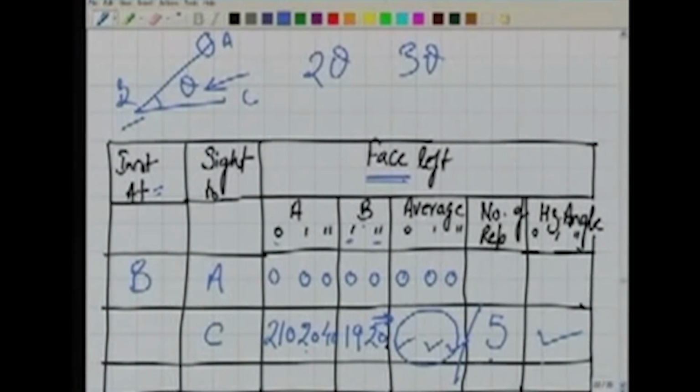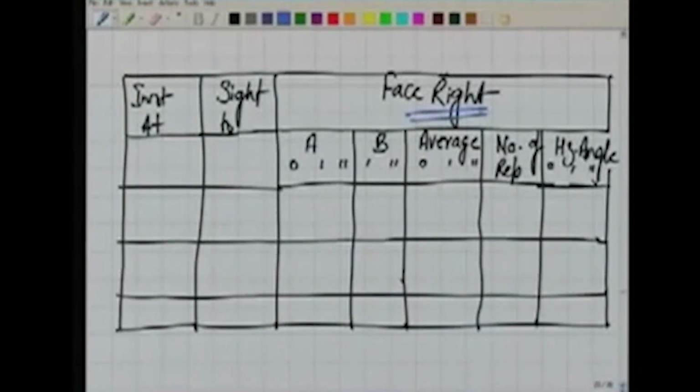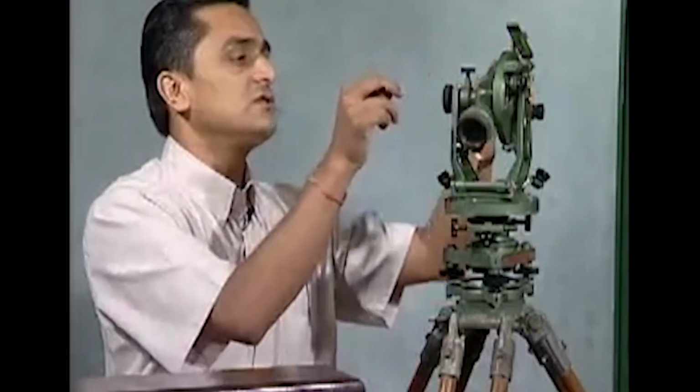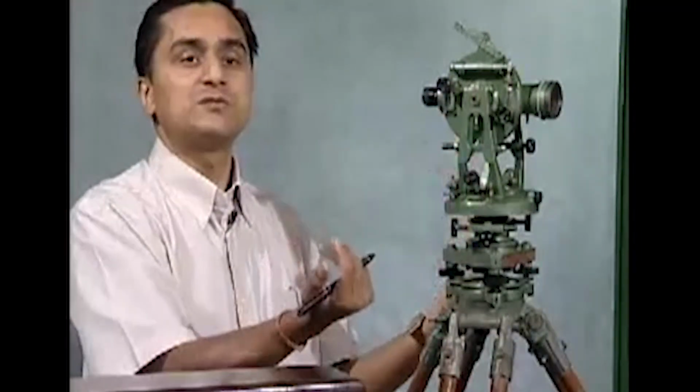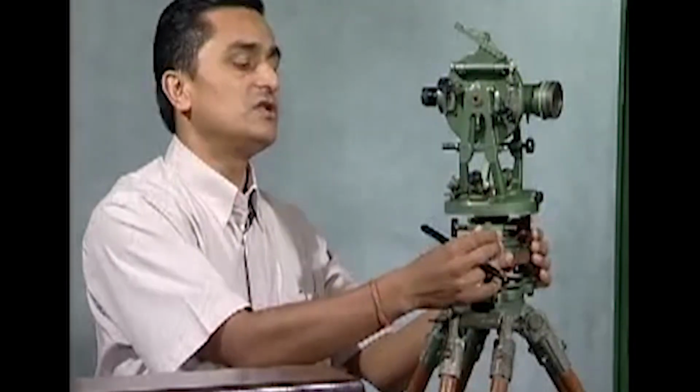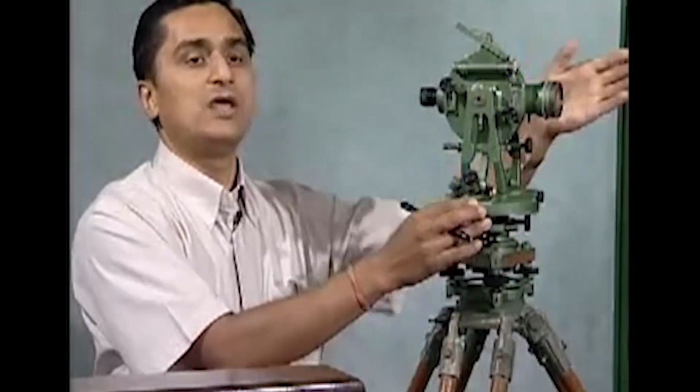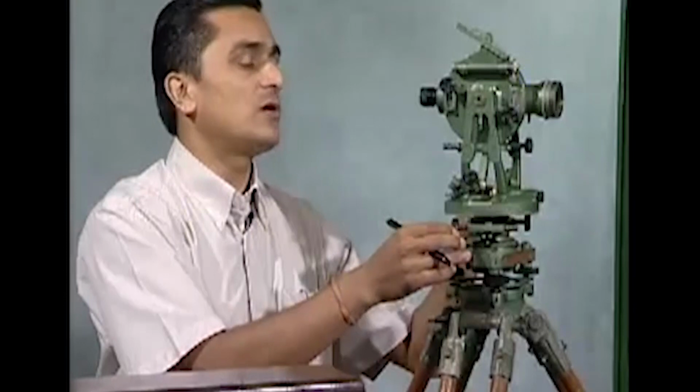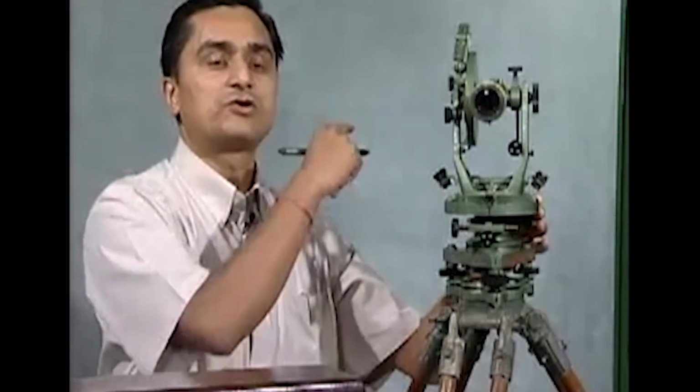And throughout this process, as you will observe, the face of the instrument is towards my left. We can do the same thing by keeping this face towards my right. Well, what I do now, I change the face towards my right, and I repeat the same procedure. I make the readings 0, 0, 0, then releasing the lower one, I take it to the A, clamp it, release the upper one, take it to C, and theta, 2 theta, and all this process will be repeated.